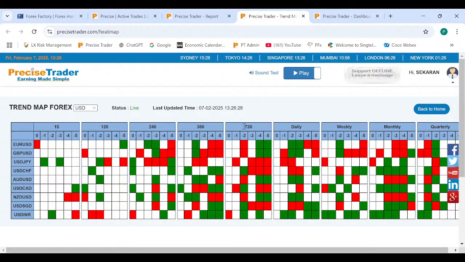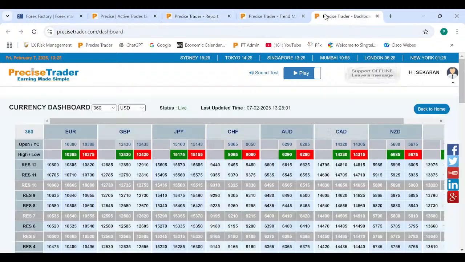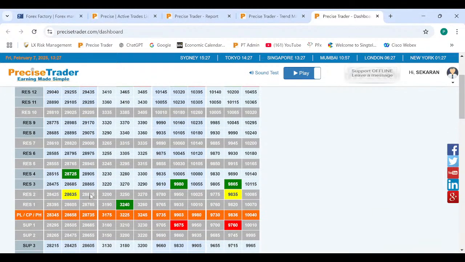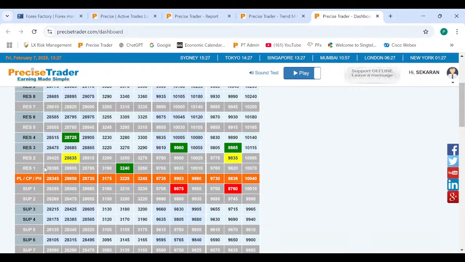Because, for instance, I'm just showing you that one more thing, the dashboard. Of course, we have to teach you how to use it. That is the only thing. But once you learn, like for gold, if you're trading gold, you see here what I've shown you.